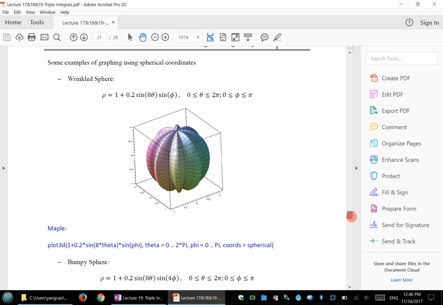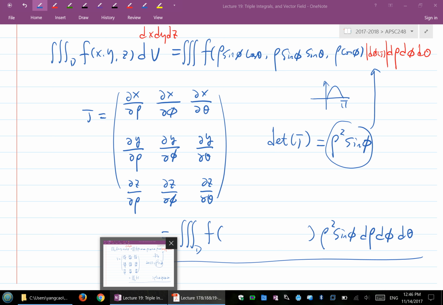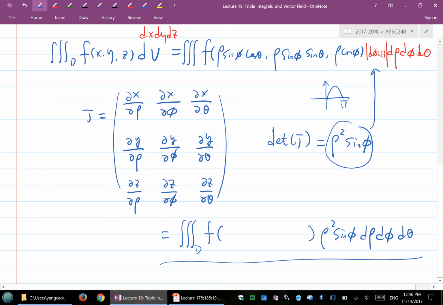If you change the coefficients here, you will get all different types of weird bumps and surfaces. So try it out. There is a command here for you to try. Literally, you can't draw that in Cartesian coordinates, but you can draw it in spherical coordinates.